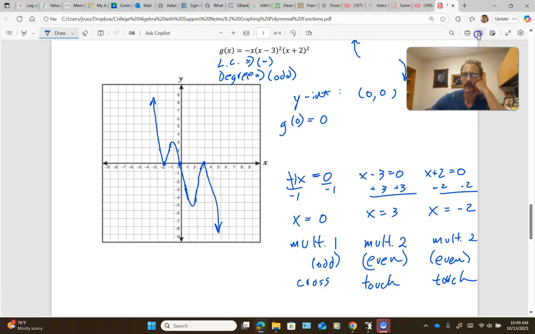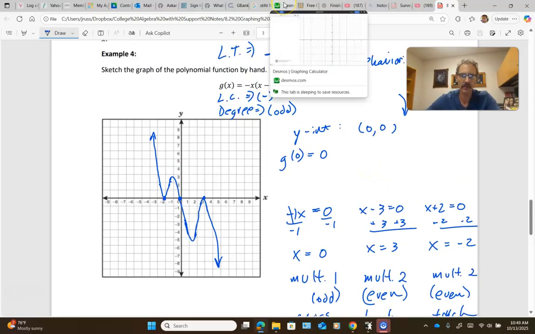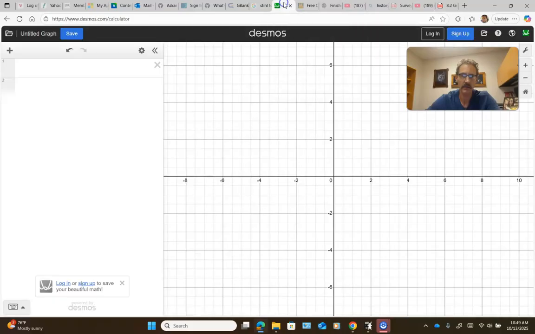Now remember, we're just kind of doing this by hand. If I wanted a real detailed graph of this function, then I would need to probably come up with a table manually to get some more points. But let's go ahead and graph this in Desmos real quick, or your graphing calculator.